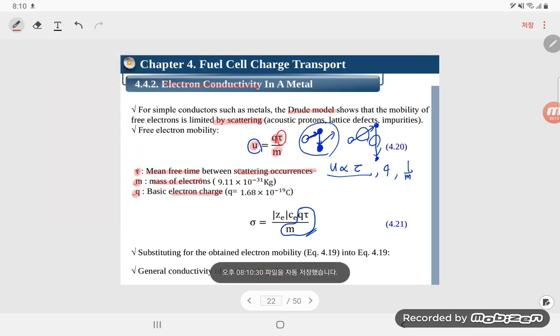The value ranges from 10 to the 6 to 10 to the 8 Siemens per meter. So it is the conductivity of the electron in a metal.